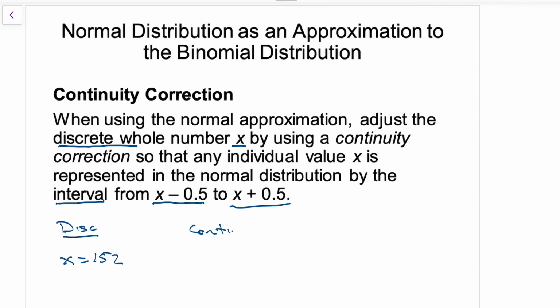When we transition to the continuous, we're going to represent that not by 152, but by a range of 151.5 to 152.5. We'll actually get a range, and we'll have one of two values to pick from when we do our z-score calculation. We'll talk about how we figure out which of these two points later on.